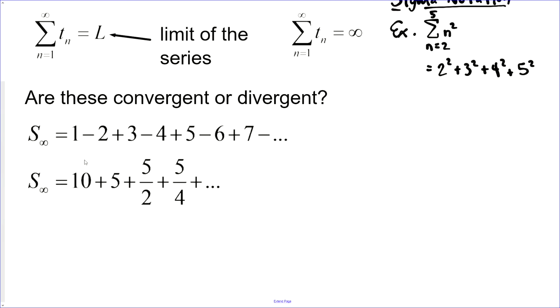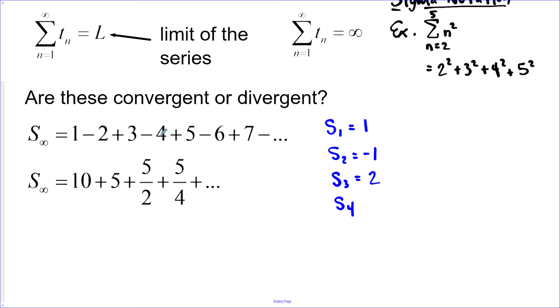Now we need to determine if these series are convergent or divergent. If you can't immediately tell by looking at them, then try writing out some of the series and look for a pattern. S1 would just be 1. S2 would be the sum of the first two terms, so negative 1. S3, we're going to add 3, so that would be 2.